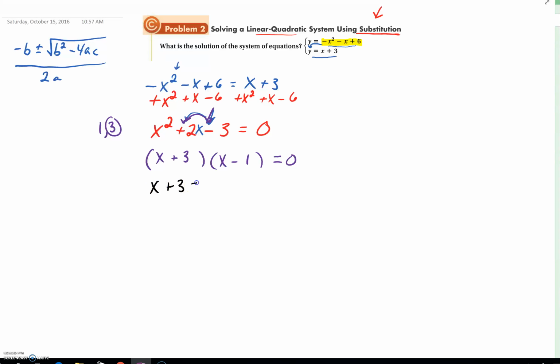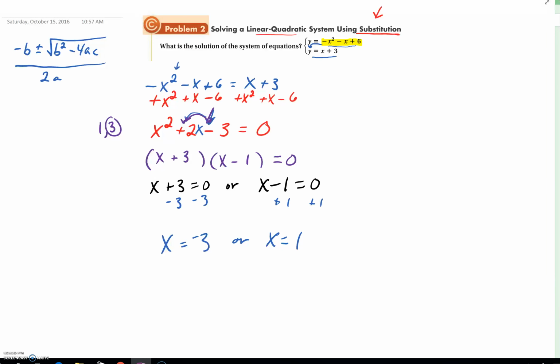So x plus 3 is equal to 0, or x minus 1 is equal to 0. And then to solve for this, I'm going to subtract over 3. So x is equal to negative 3, and I'll add over 1, or x is equal to 1. All right, so that means that x can be negative 3 or 1.